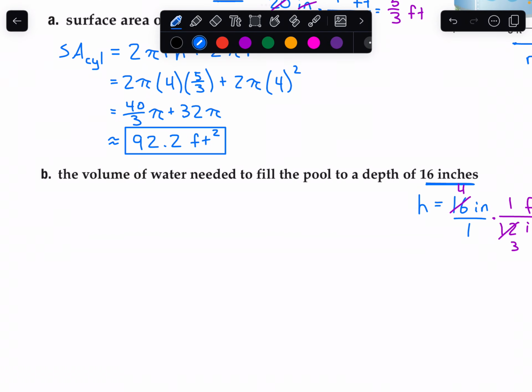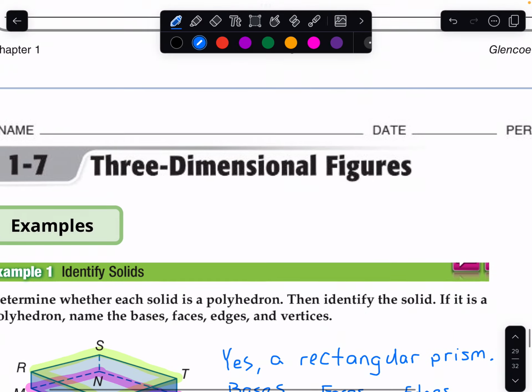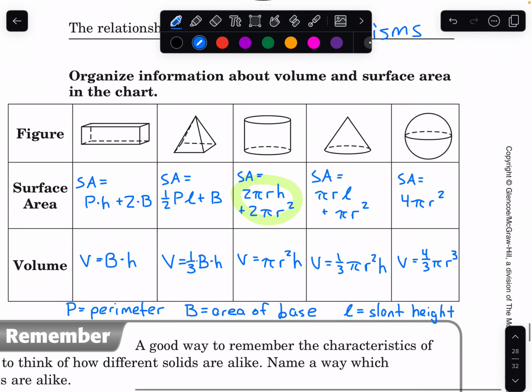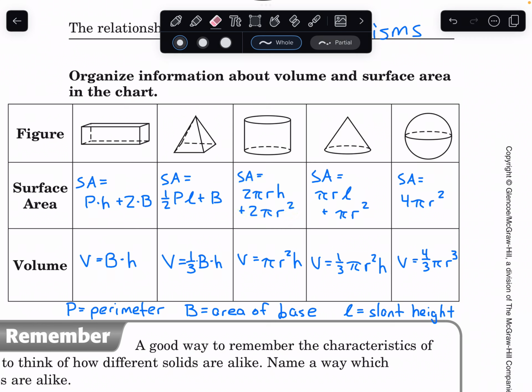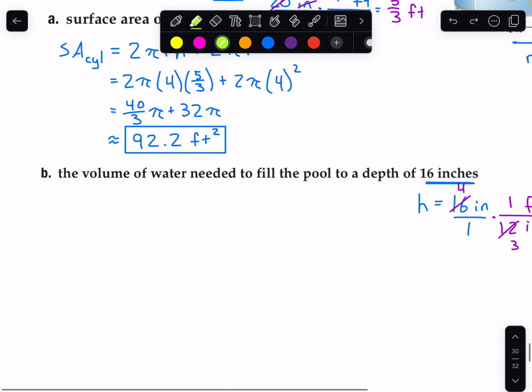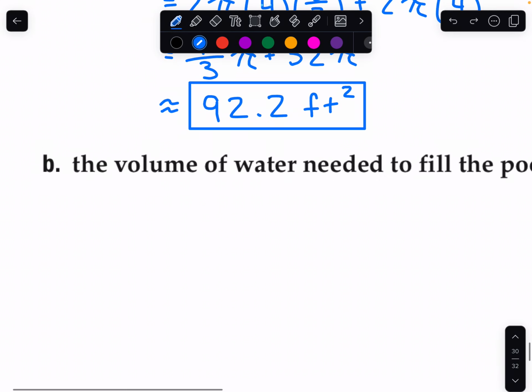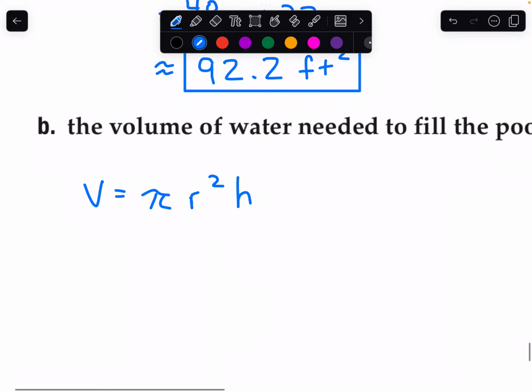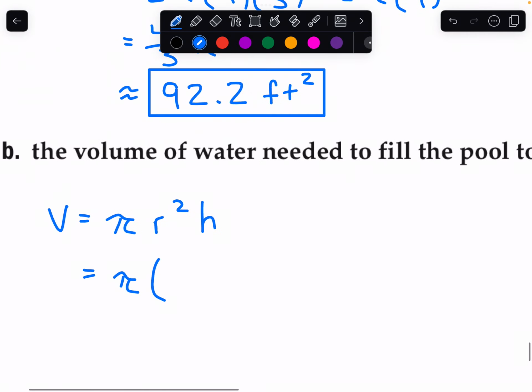So now let's see, volume for a cylinder. Remind ourselves here. I left my highlight from before. Now I want the volume, so pi r squared h. It's actually a little simpler. Volume equals pi r squared h. So pi again. Our radius is still 4 feet.